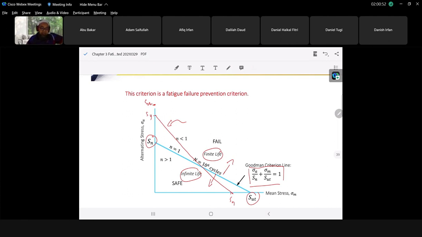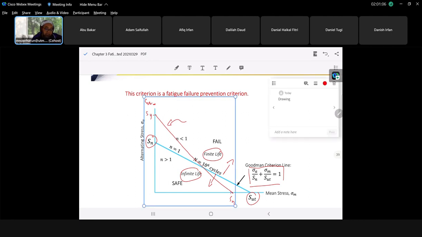So we have to design our parts. If we know the number of cycles, we can calculate the Sn.